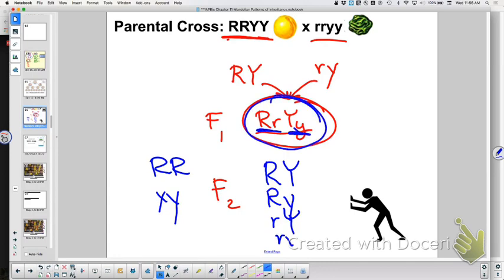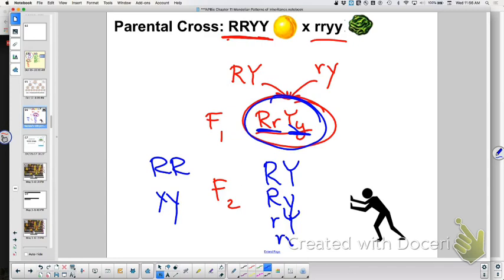The law of segregation, remember we looked at anaphase, says I could get a big R with a big Y or a big R with a little y. The law of segregation says I'm going to separate the R's and separate the Y's. The law of independent assortment says I can have a big R with a big Y or a big R with a little y. There are your three laws right there.